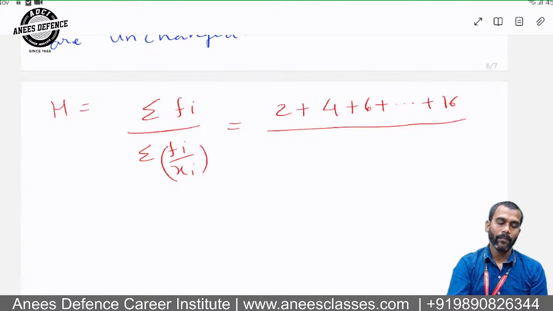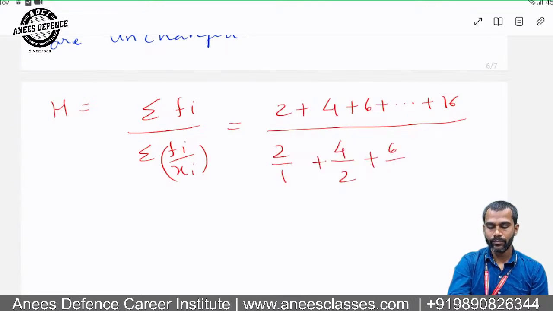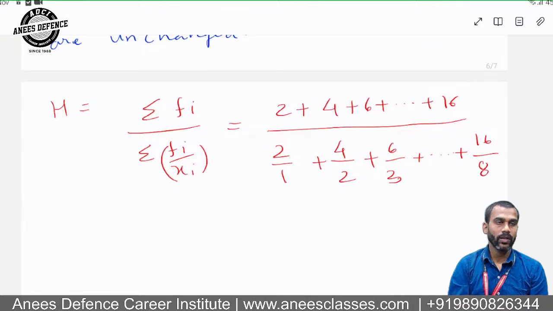So it would be 2 by 1, 4 by 2, 6 by 3, similarly till 16 by 8, fi over xi.